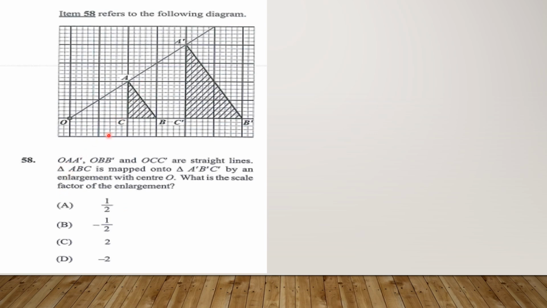58, we have OA A prime, OB B prime, and OC C prime are straight lines. Triangle ABC is mapped onto A prime B prime C prime by an enlargement with center O. What is the scale factor of the enlargement? Okay, so AC, we can see it's 1, 2, and that was enlarged with center O. So AC is mapped onto A prime C prime.